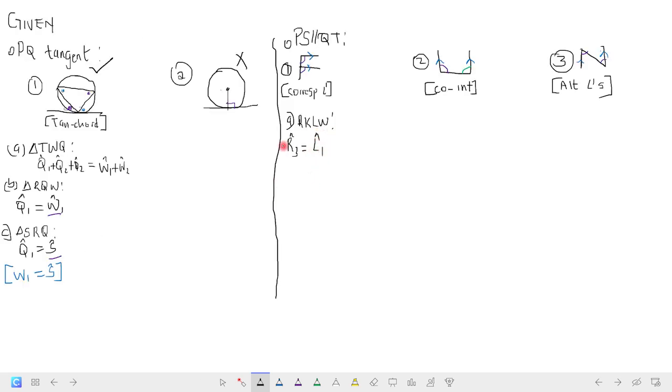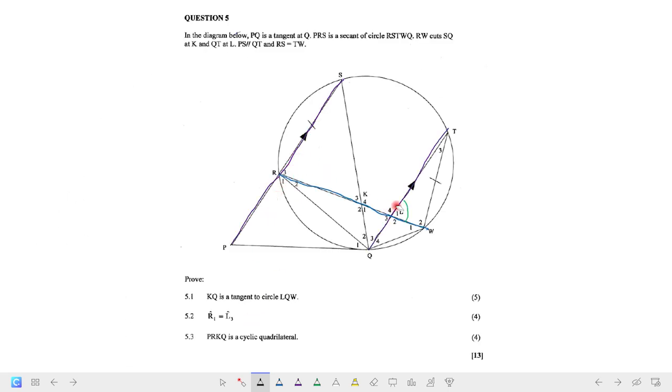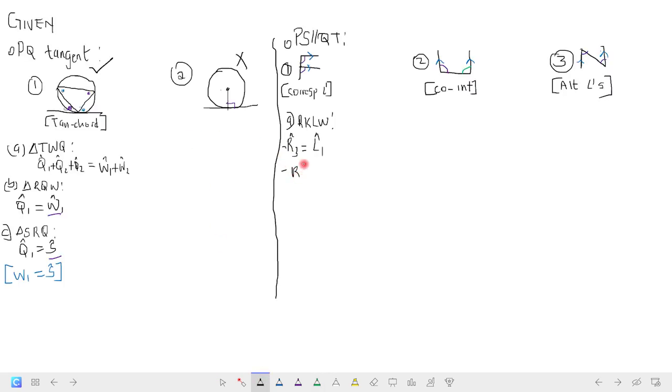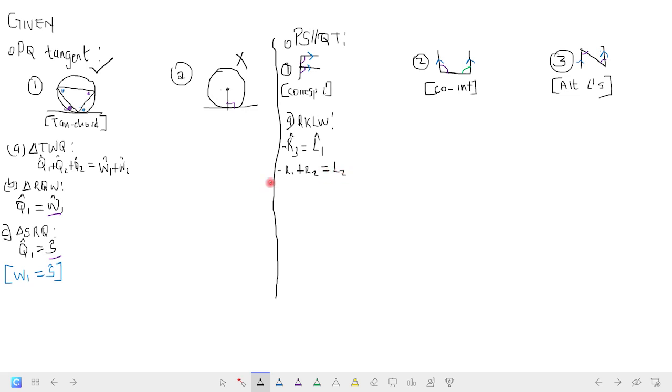So that's the first thing that I see. And I also see here that this angle, which is R1 plus R2, is the same as L2, right?